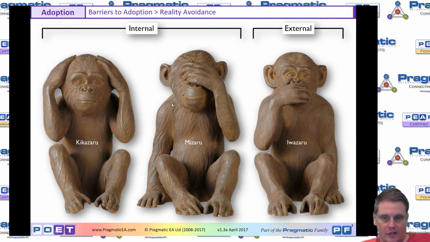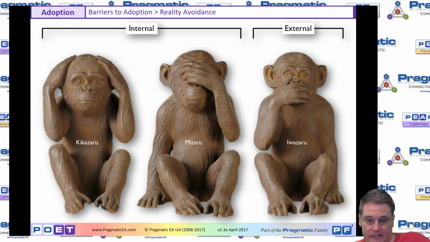I think this is the last one. Oh no, second to last one. So this one is about avoiding reality. What this is illustrating here is that internally in an organization, people potentially, management potentially, are not going to want to hear about enterprise architecture. They're not going to want to look at it.